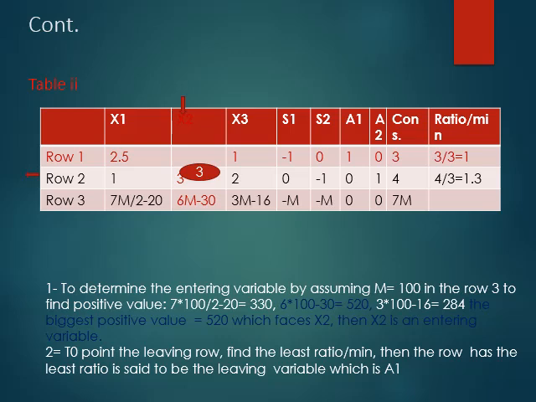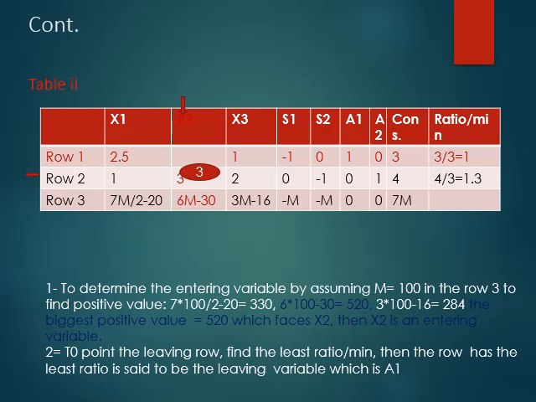Let's move to the second column, x2: 6 times 100 negative 30, the result is 570. And lastly, here we are focusing on the non-basic variables, in this case x1, x2 and x3. S1 and S2, A1 and A2 are artificial or slack variables.